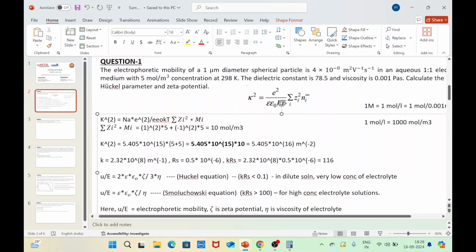So U by E is called your electrophoretic mobility, and epsilon is the zeta potential, and eta is the viscosity of the electrolyte solution that you are going to take under consideration.